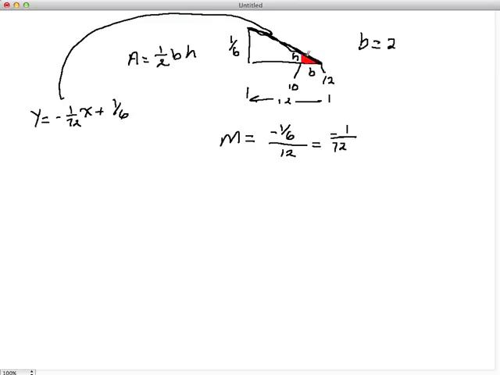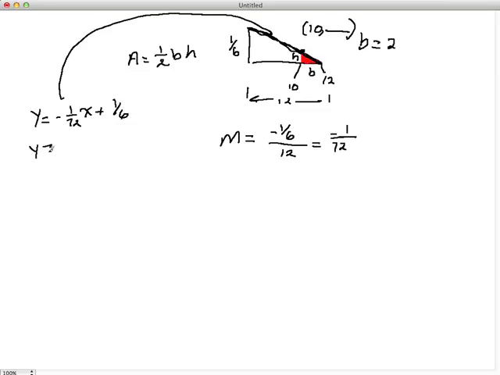All right, now I need to know the coordinates of this point right here. I know what the x value is. The x value is 10. I need to know what the corresponding y value is. So to be able to get that, I've got to find out what the height is, and to figure out the height, I've got to plug that into my formula here.